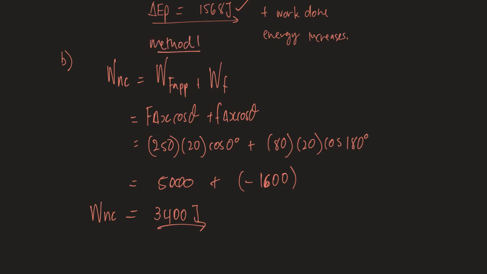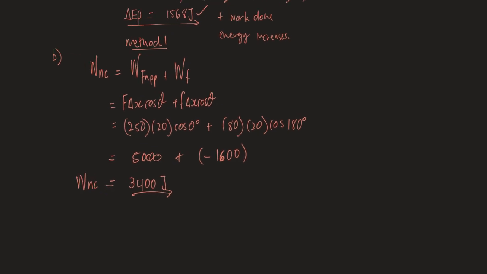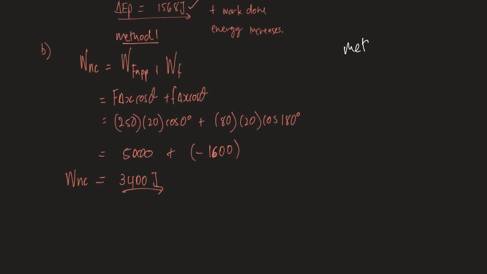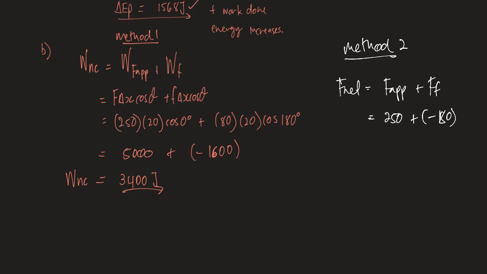Method 2, if that's the method you're comfortable with, you would have said F net is equal to the force applied plus the force of friction, which would have been 250 plus negative 80, and that gives you 170 newtons.